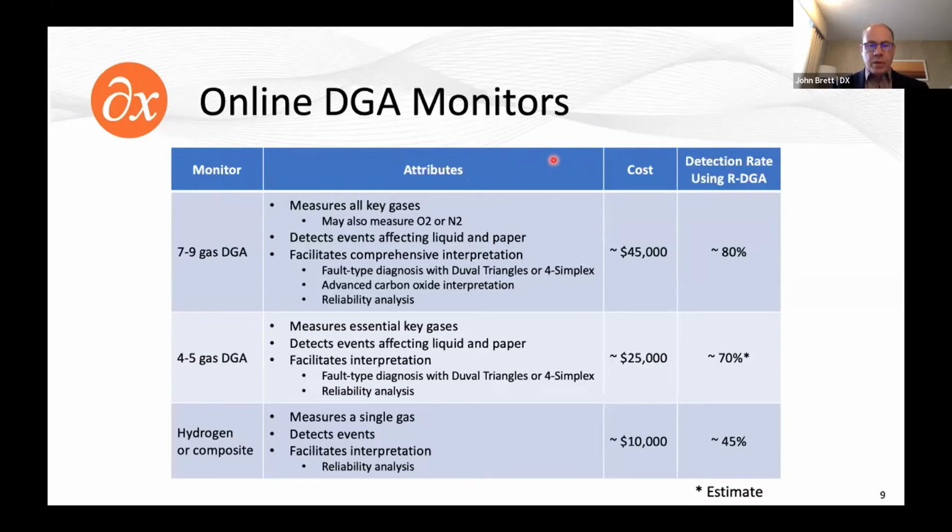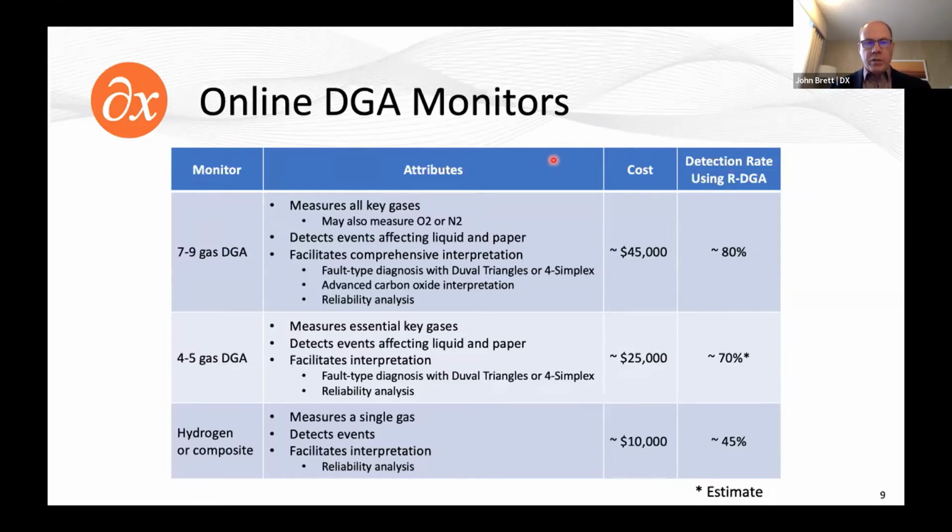Hydrogen, it measures a single gas. So it'll tell you when the events are occurring, and you can do a reliability analysis, as I mentioned earlier. And I should mention, of course, the prices are coming down. And hydrogen, our studies are showing, will detect about 40 to 50% of the problems out there.